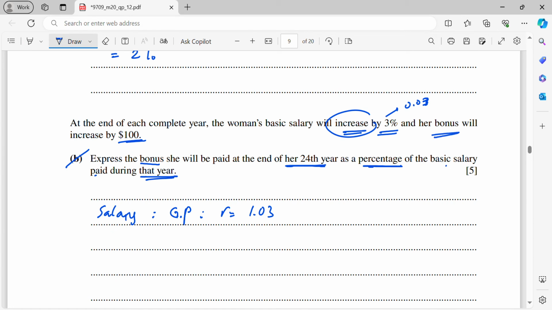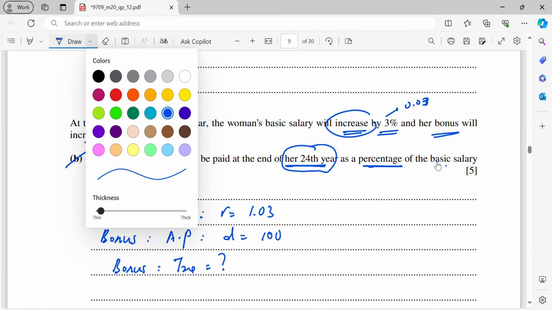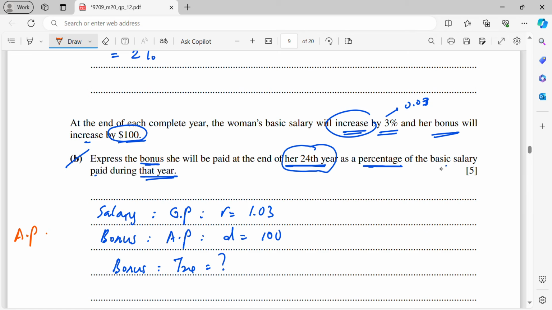Now for the bonus, it is increased by a fixed amount. So here, bonus, fixed amount means arithmetic progression. So the d is $100. Okay, now you need to find out at the end of 24 years the bonus. So T24, the bonus T24, is how much? Now for arithmetic progression, Tn is a plus n minus 1 d. So I need to know what is the initial bonus.